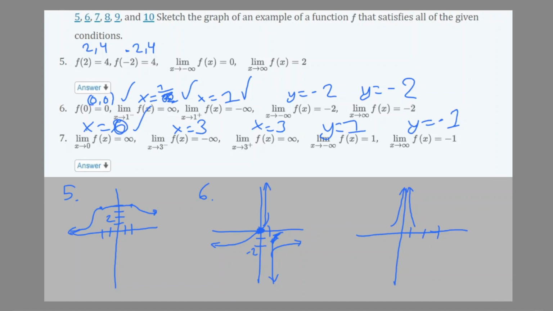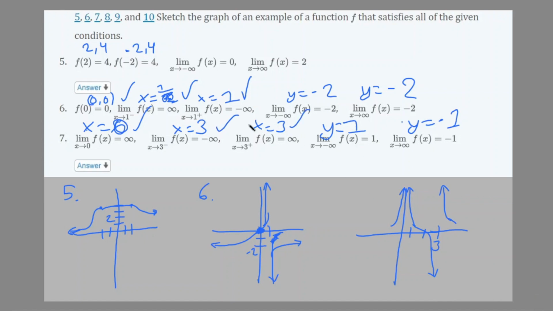So from the left side, the limit as x goes to 3 is negative infinity. So that'll be something like that. And then from the right side of 3, the limit is infinity. So that will look something like that. And now we just checked off these two criteria.